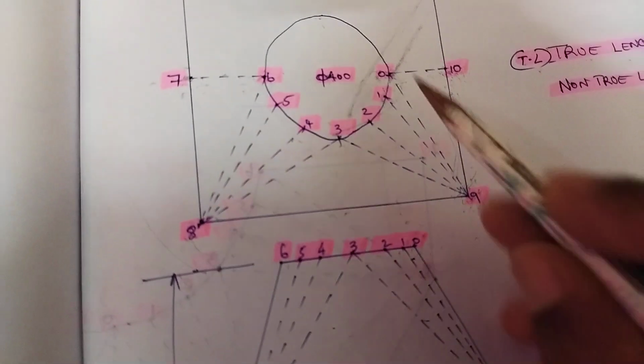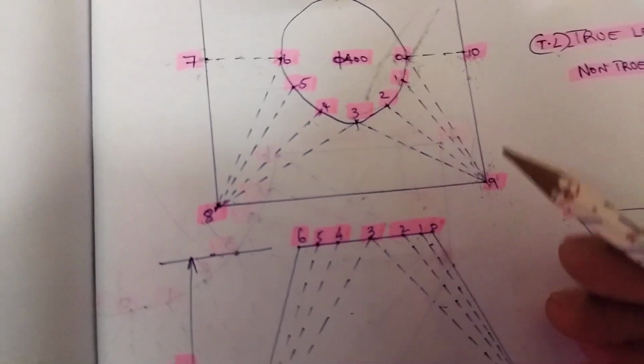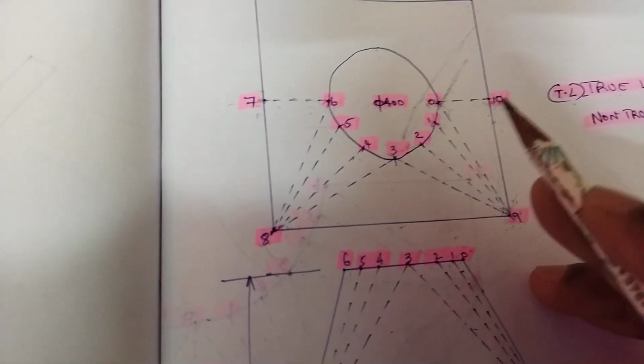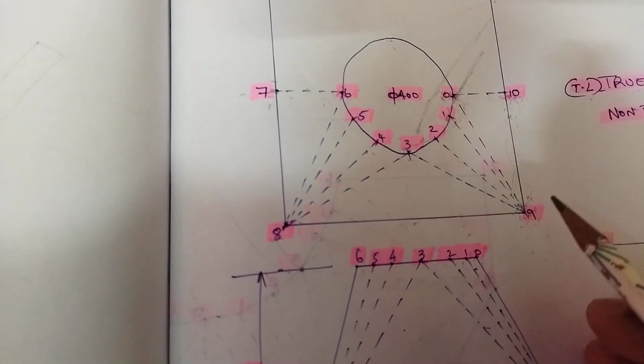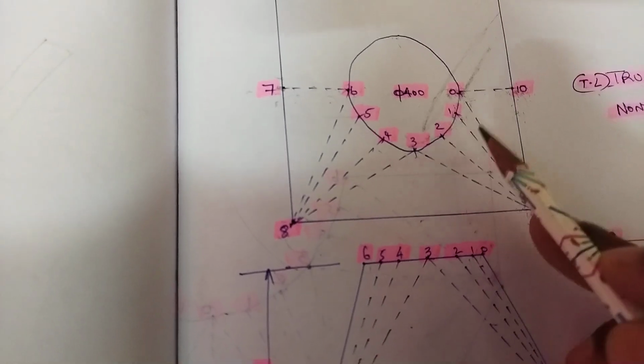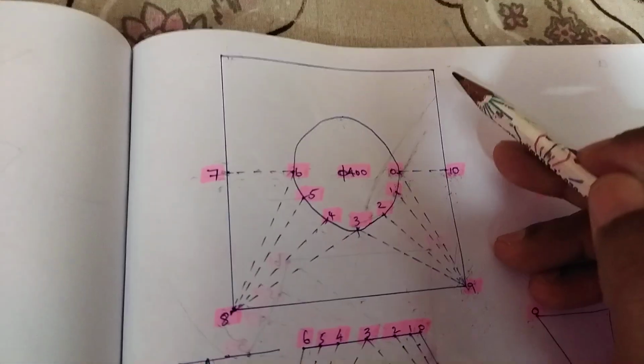If we have got the 9-1 true length, we have already got the true length of 9-2 also, because it is a square. Square has a proper center, one round is there. The length from 9 to 1 and 9 to 2 will be same. The same thing is happening here also.